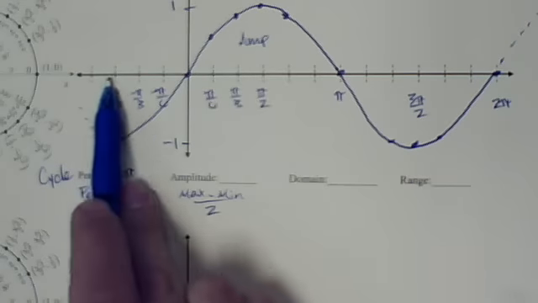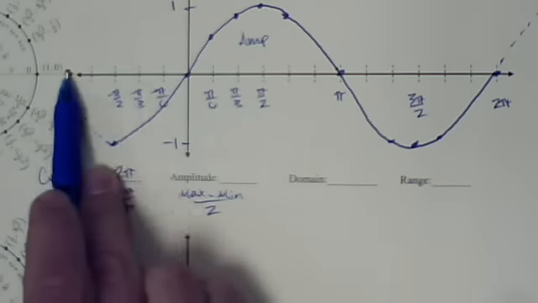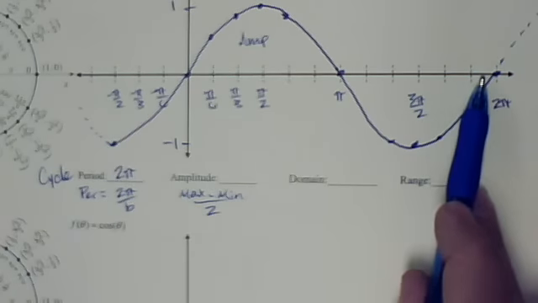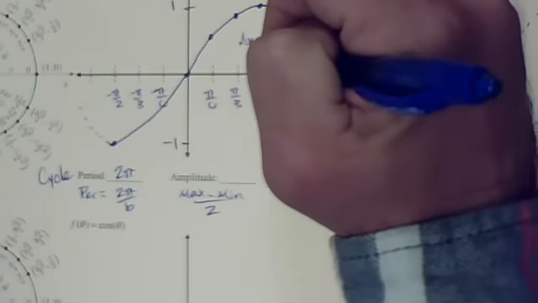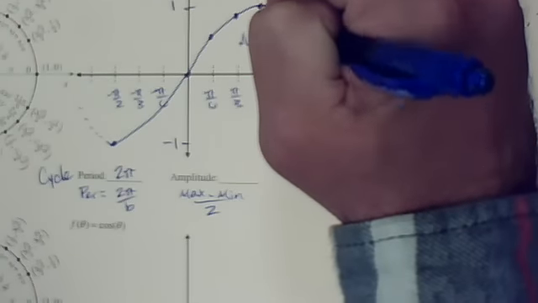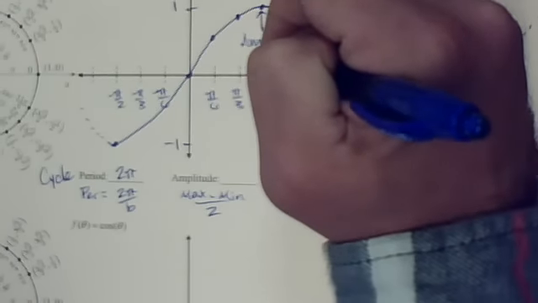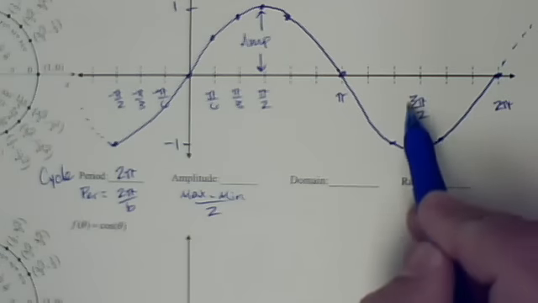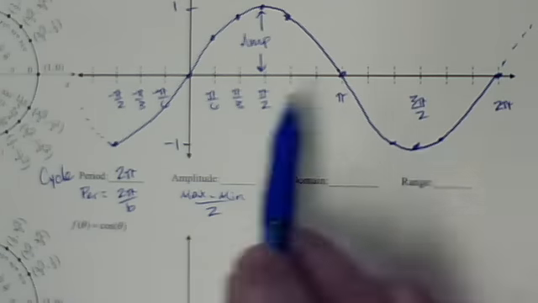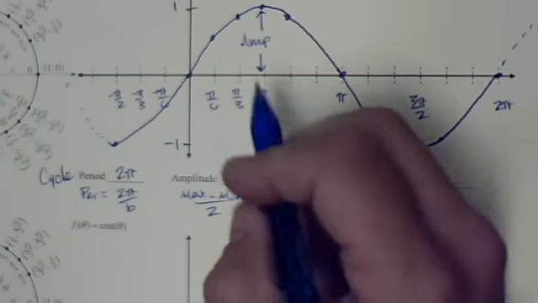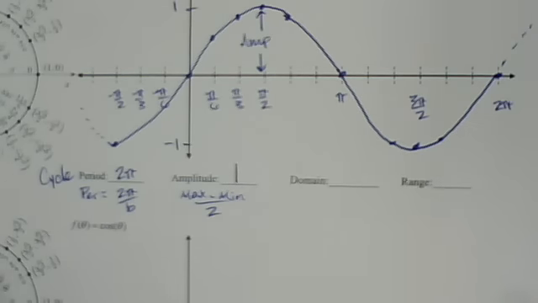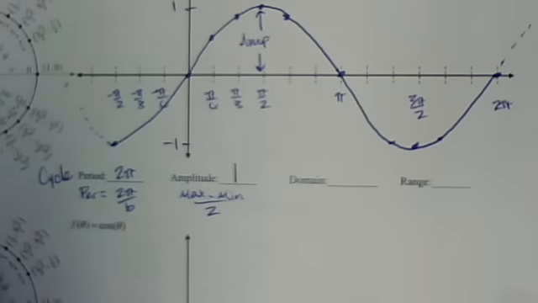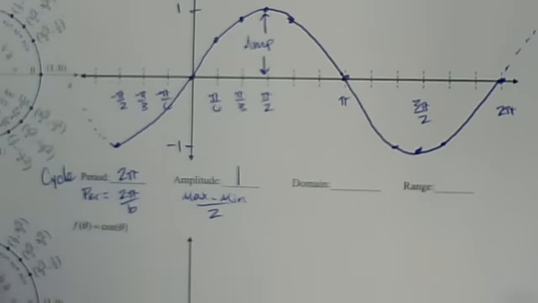If you use this midline that cuts the graph in half, that x-axis, the amplitude is that distance from the midline to the top, or the midline to the bottom. Okay, so the distance there is just 1. So the amplitude of the parent function of sine, just sine theta, is 1.